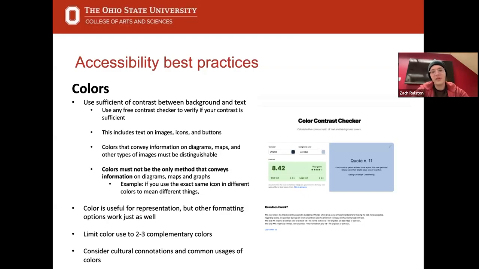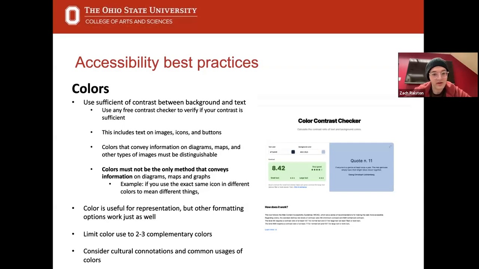For example, if you have a diagram and you rely on the same icon for whatever reason to help certain kinds of images stand out, then you will definitely want to use different colors to convey how these things are different.